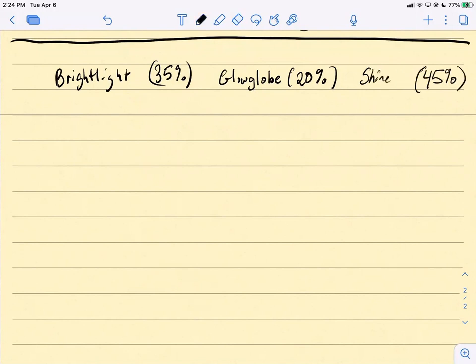Okay, so anyhow, there's three light globe companies, and the supermarket, I guess they're all identical. They all look pretty much the same.